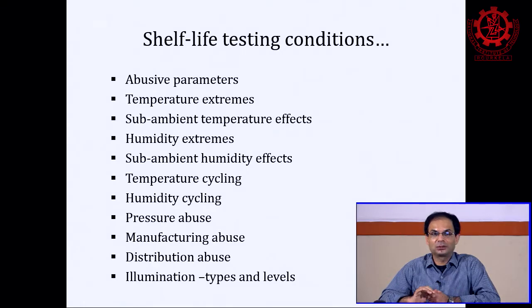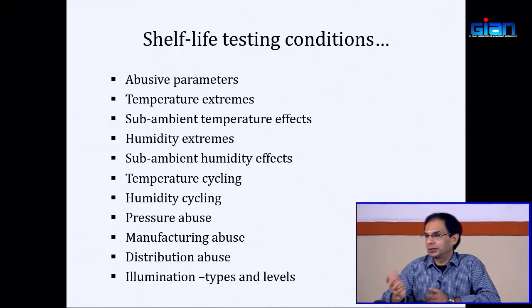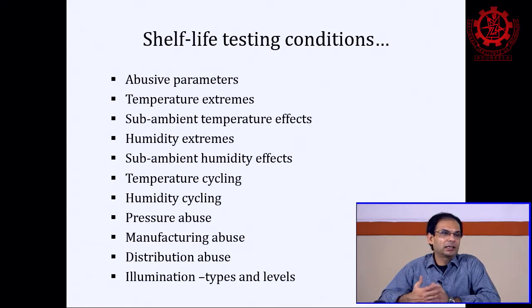It goes high, then comes down, then increases again, then comes down, depending upon how the product is being handled. And then pressure abuse, manufacturing abuse, or distribution abuse. For example, it could be mechanical vibration during distribution, or it could be light. So all these abusive parameters are there to study how shelf life is affected by them.